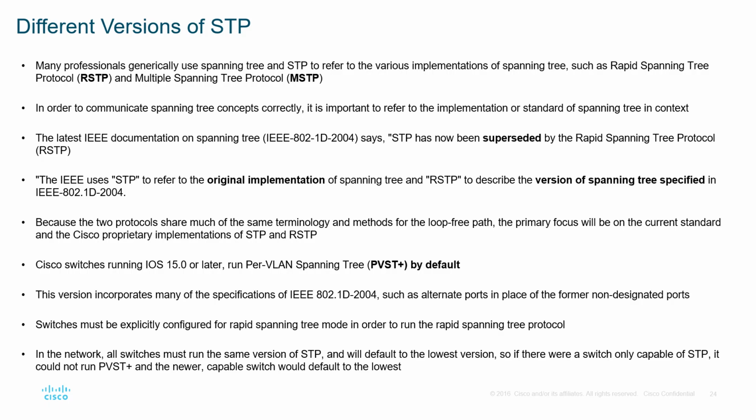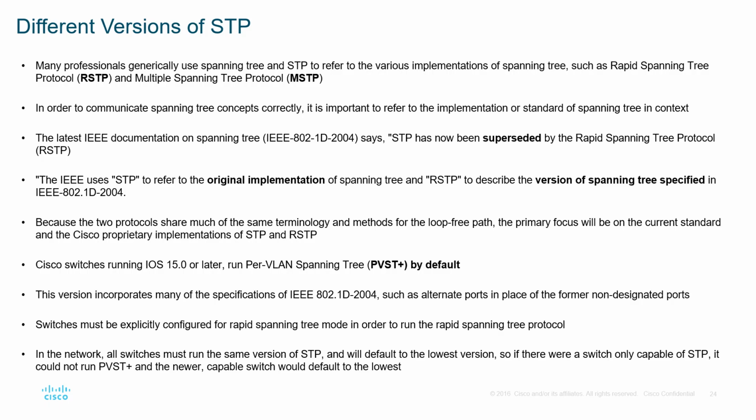Cisco switches running IOS 15 or later can run per VLAN spanning tree by default. This version will incorporate many of the specifications of IEEE 802.1D-2004, such as alternate ports in place of the former non-designated ports.